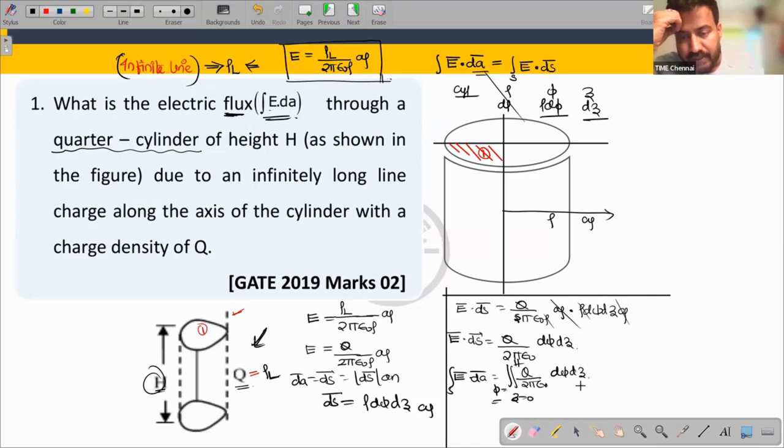Can someone tell me the limit of phi, please? What is the limit of phi? Zero to pi by 2.